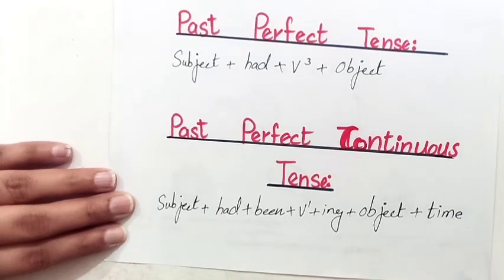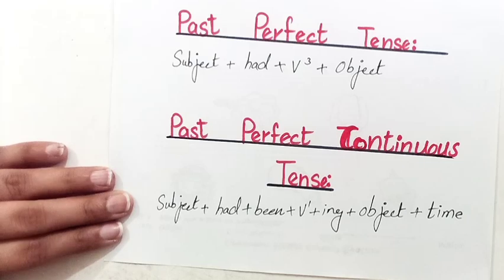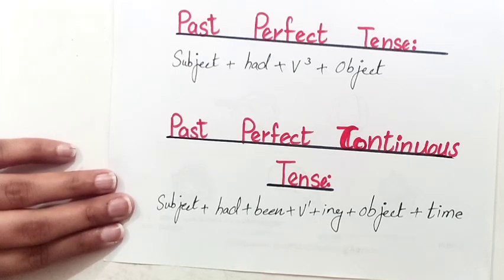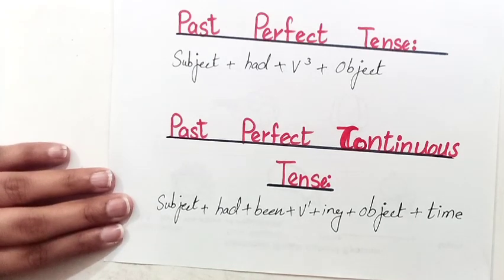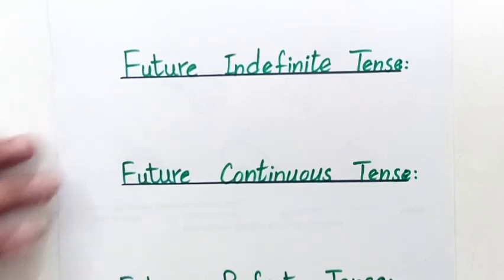Again, this time can be defined or indefinite. Now, for defined time, we use the word since before the time, and for indefinite time, we use the word for before the time.